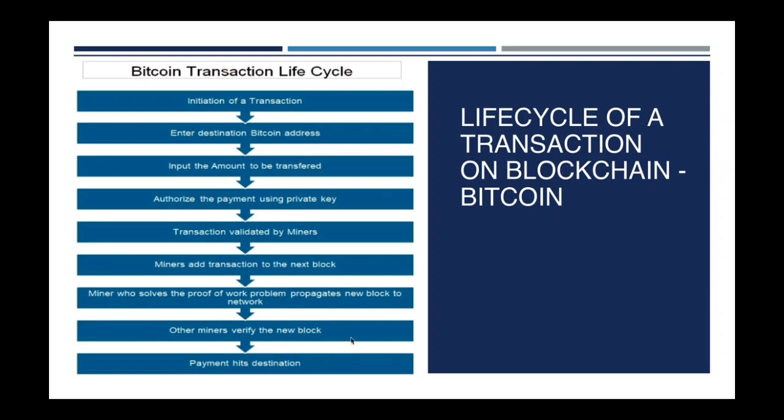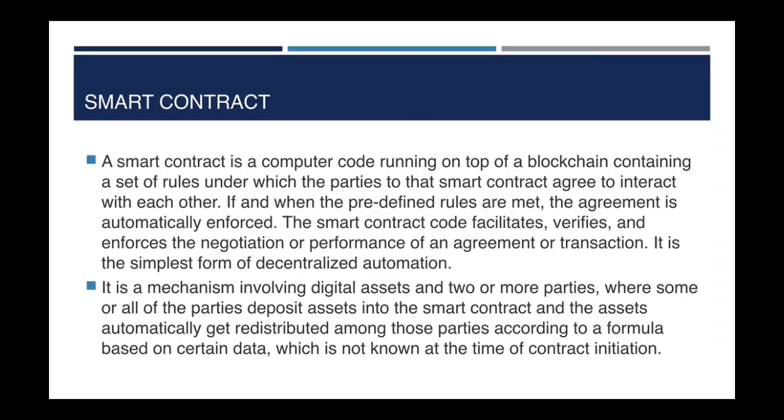So this is the entire process which involves transferring of a Bitcoin from one account to another account by the process of miners mining a new block, and other miners in the network validate that block and add that block to their network. So this is how Bitcoin transaction lifecycle works.